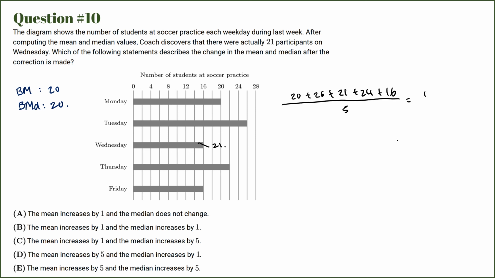That equals 105 over 5, which equals 21. So the mean now is 21. Ordering the data: 16, 20, 21, 22, 26. We can clearly see that the median is 21. So both the mean and the median increase by 1. The answer choice is B.